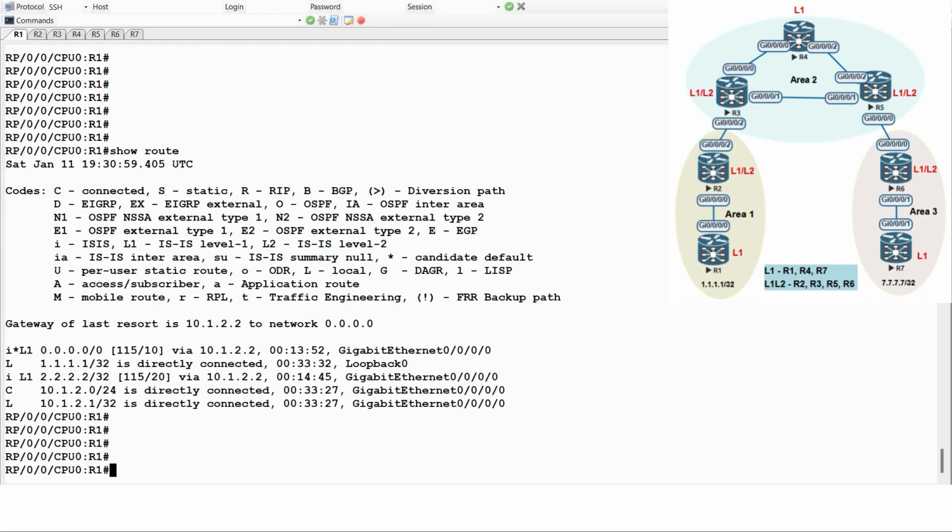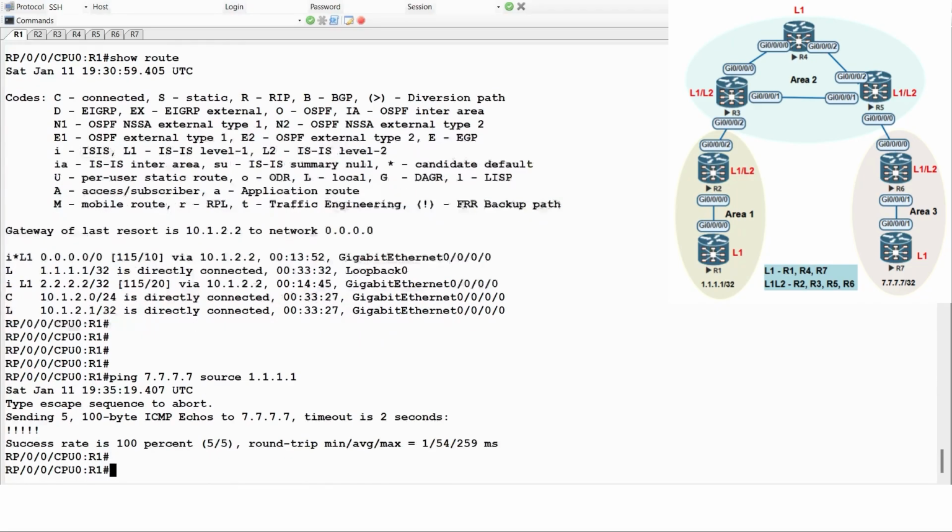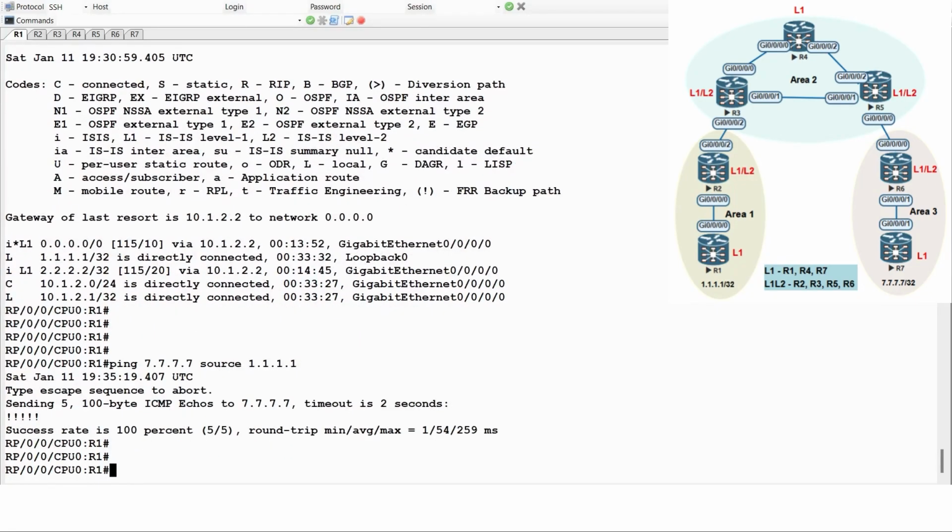In the next step, we will verify if router R1 can reach the loopback of router R7 using the default route. As you can see, router R1 is able to ping the loopback of R7 because of the default route installed on both the routers.